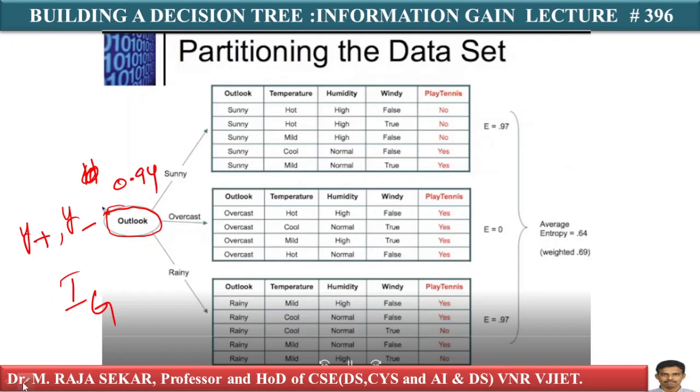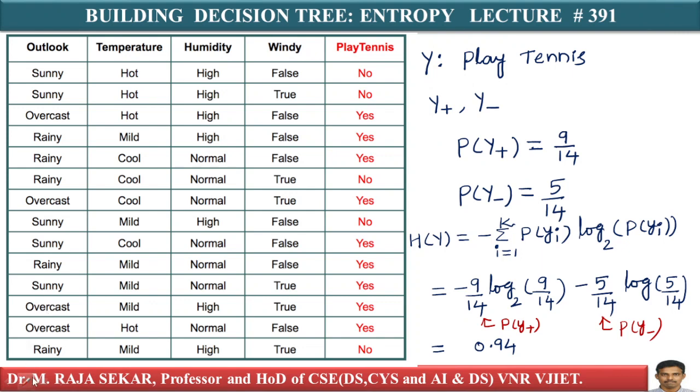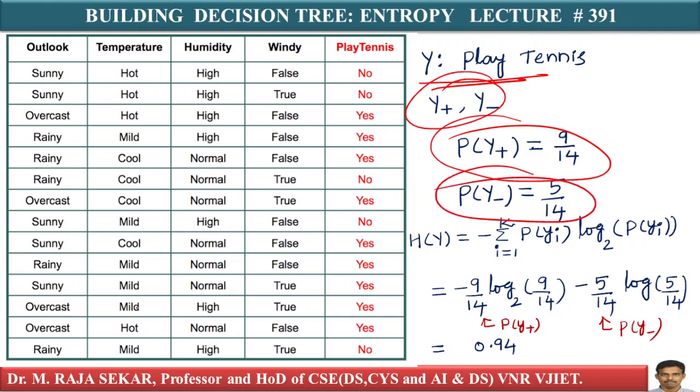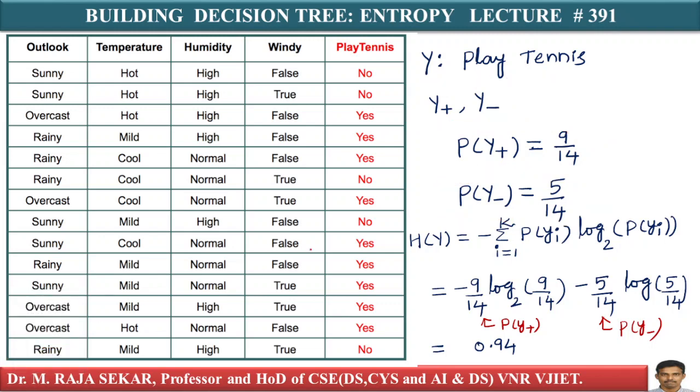This I already discussed in lecture number 391, where we discussed entropy. For y, play tennis, there are two options, y plus and y minus. Probability of y plus is 9 by 14, probability of y minus is 5 by 14. H of y equals sigma i equal to 1 to k of p of y into log p of y base 2. Entropy H is 0.94.